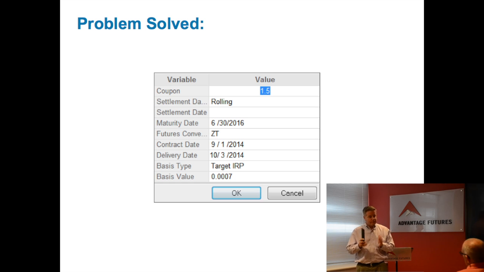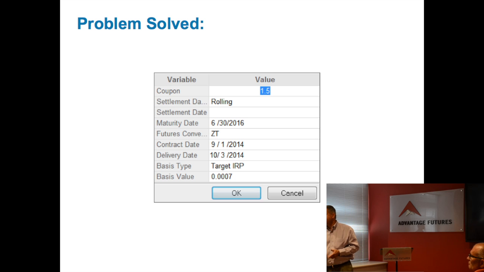From that spot price for today of the cheapest to deliver, you can then get a yield for today. So you get a spot yield versus the spot starting Eurodollar strip. So now you can compare that TED to the cash 2-year TED, to the cash 5-year TED, to the cash 7-year TED, 3-year, whatever you want to trade it against.